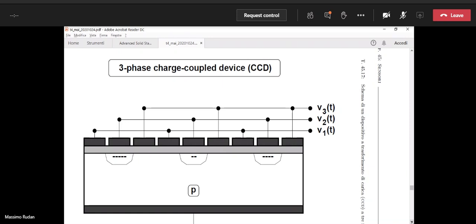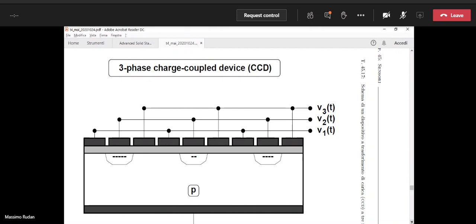And simply they go alternatively from a value that corresponds to the flat band condition to a value that corresponds to strong inversion condition. So each individual gate behaves like a photocapacitor.